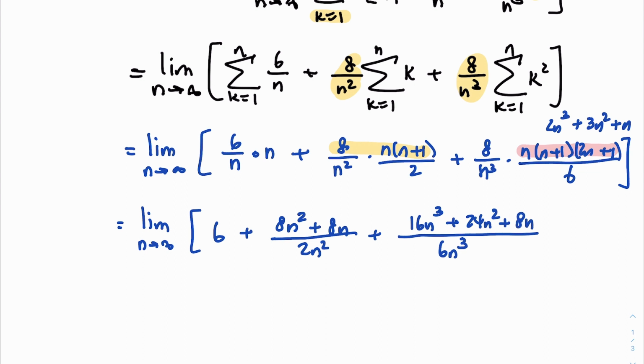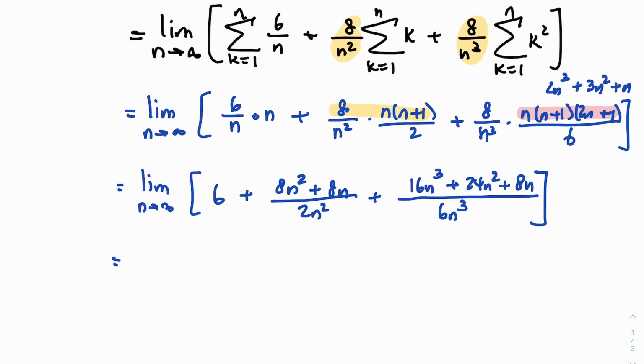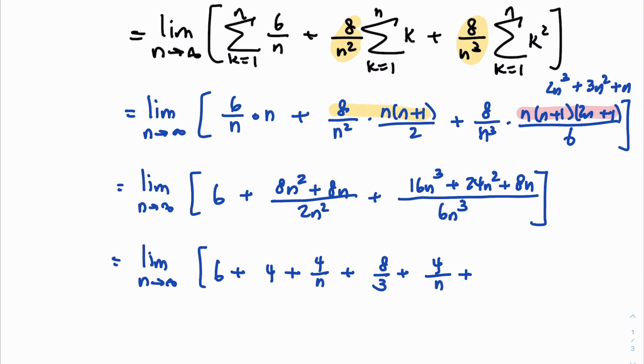Okay, and now what I'm going to do in this last step before evaluating the limit is I have the limit as n approaches infinity. We have 6 plus, now if I divide through by n squared, that's 4 plus 4 over n. And if we divide through by 6n to the third, 16 over 6 is 8 over 3. 24n squared over 6n to the third is 4 over n. And 8n over 6n to the third is 4 over 3n squared.